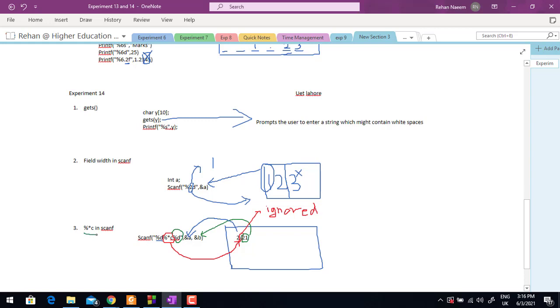So %*c basically ignores a character that is present in the input stream entered by the user. So these three concepts, gets, field width in scanf, and %*c, are used in experiment number 14.